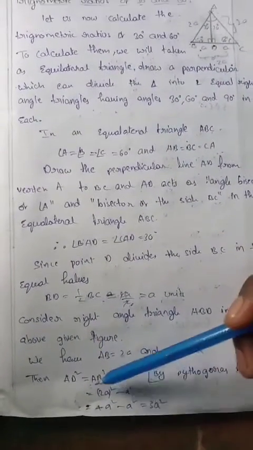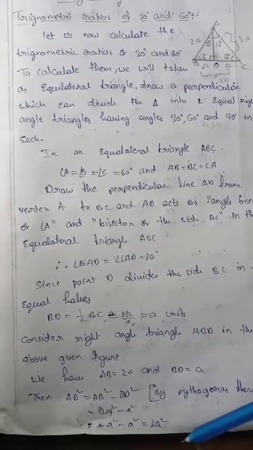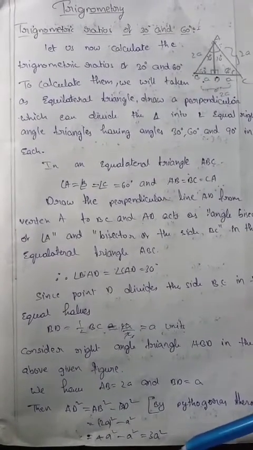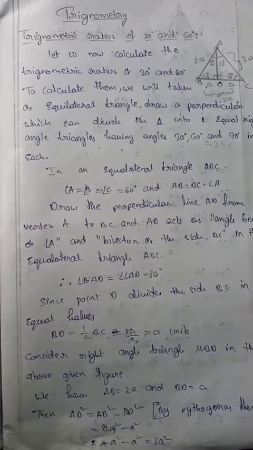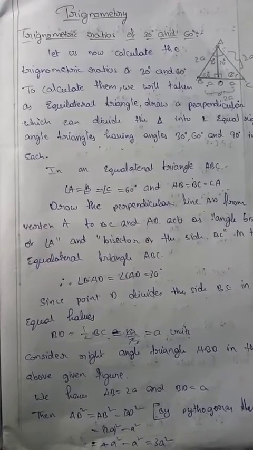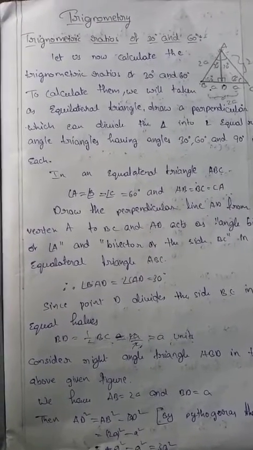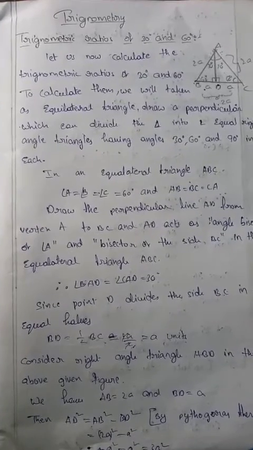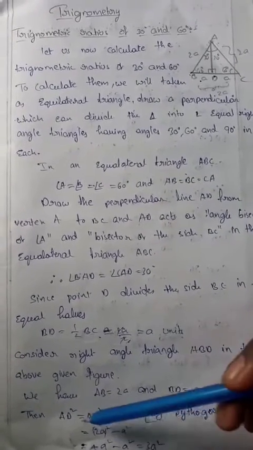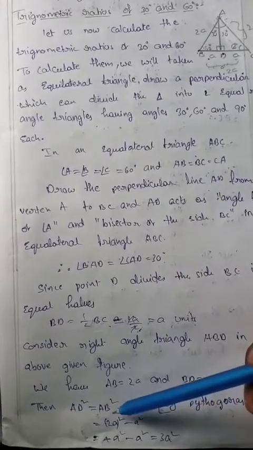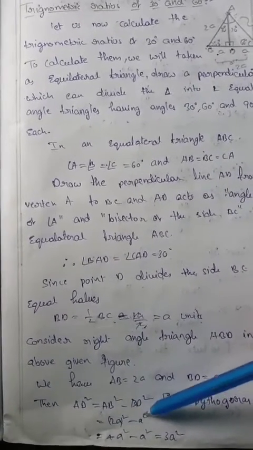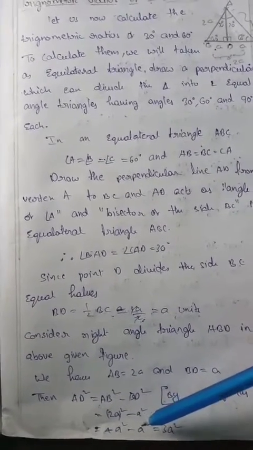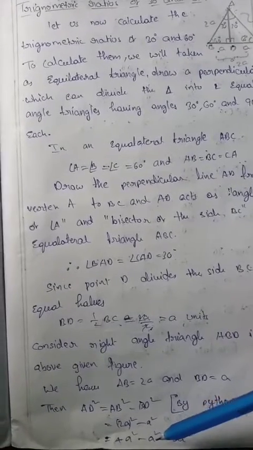Then by Pythagoras theorem, we already know Pythagoras theorem. If you don't know, I will put all the trigonometric videos in the video description. See and enjoy. AD square equal to AB square minus BD square. How does this come? Hypotenuse square equal to side square plus side square.